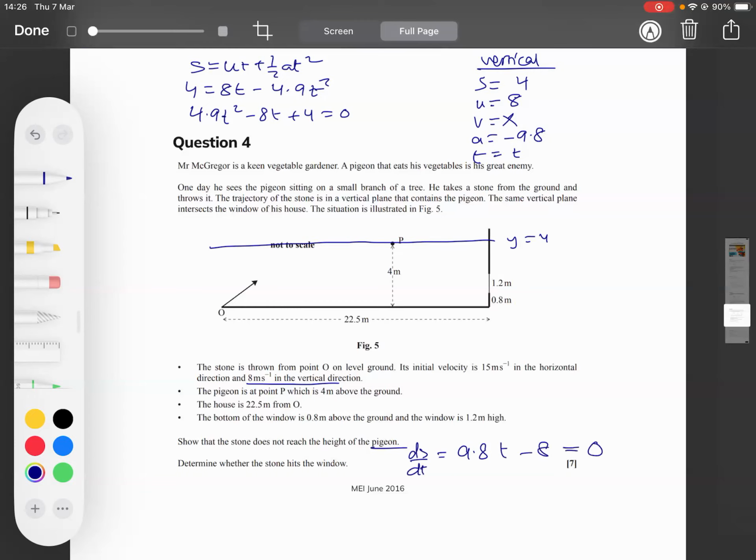Make it equal to 0, so t equals 8 over 9.8. Then sub that answer back into the original equation. So S equals 4.9 times (8 divided by 9.8) squared, minus 8 times (8 divided by 9.8), plus 4. What do you get?